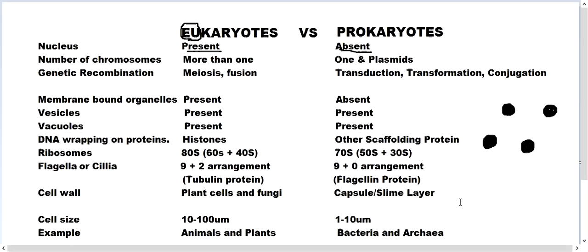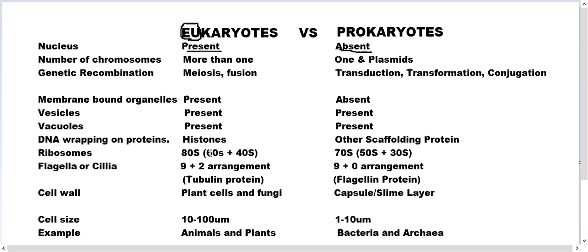Let me again remove this, that one also. Now the ribosomes. The ribosome in eukaryotes is 80S type. S is the Svedberg unit if you have studied, and in prokaryotes it is 70S type. If you look at the subunits, it is 60 plus 40.